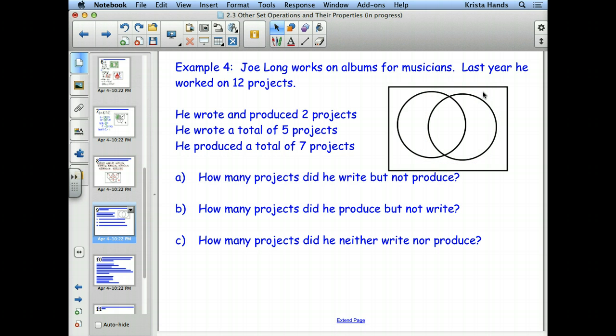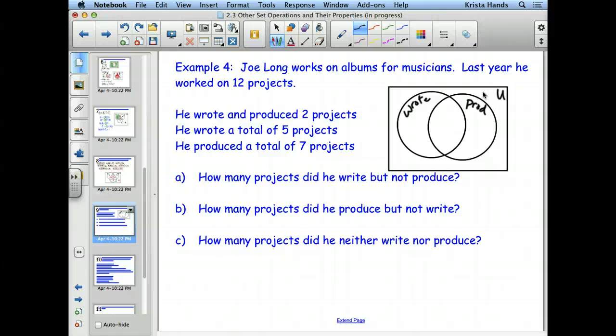I'm actually going to call my circles what they represent. This is the wrote circle, and this is my produced circle. And here's the universal set on the outside. That is Joe Long, or his career. This one says he wrote and produced 2, he wrote 5, he produced 7, he worked on 12.